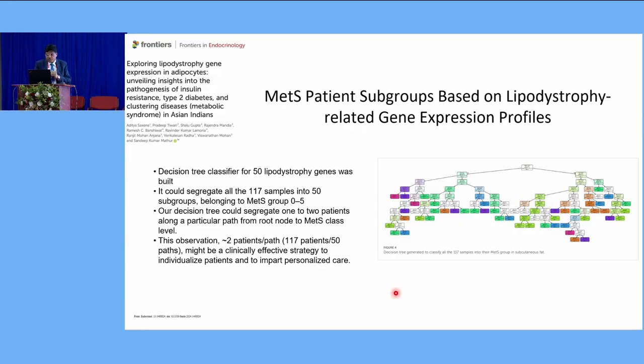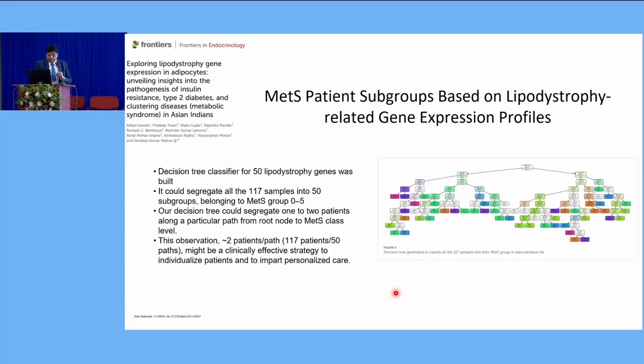Our decision tree could segregate 1 to 2 patients along a particular path from root node to METS class level. That means, suppose one gene expression, second gene, third gene, the permutation combination, and there were only 50 permutation combinations, and we can classify all the patients according to subcluster.